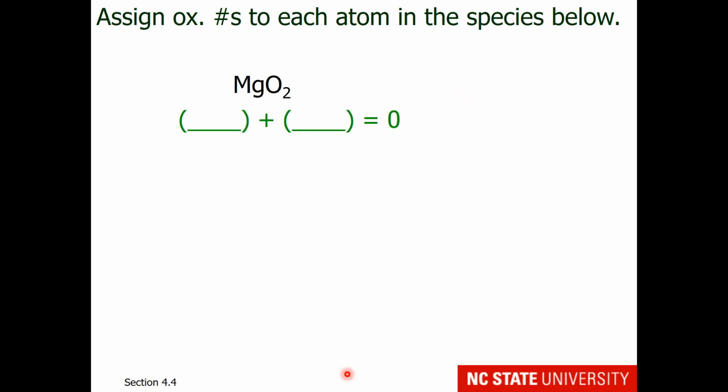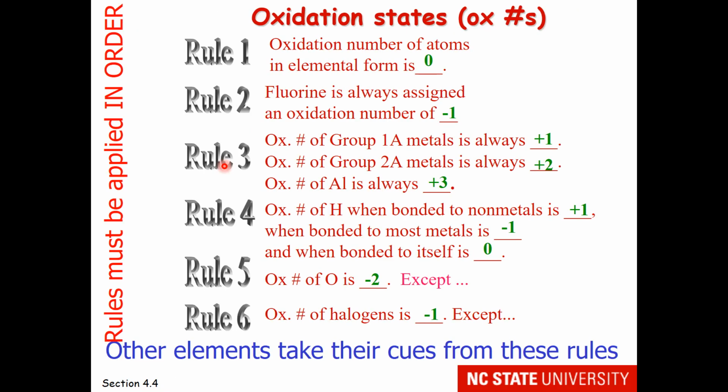Now here is an example of why applying the rules in order is important. Many students like to jump to the idea that oxygen has a -2 oxidation state. But let's double check the rules concerning magnesium. Magnesium belongs to Rule 3, which says that the oxidation number of group 2A metals is always +2.